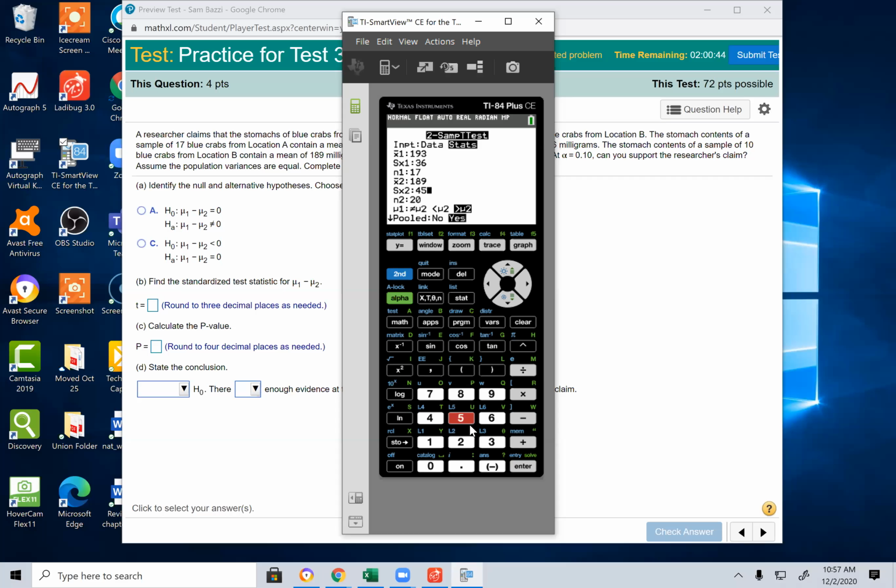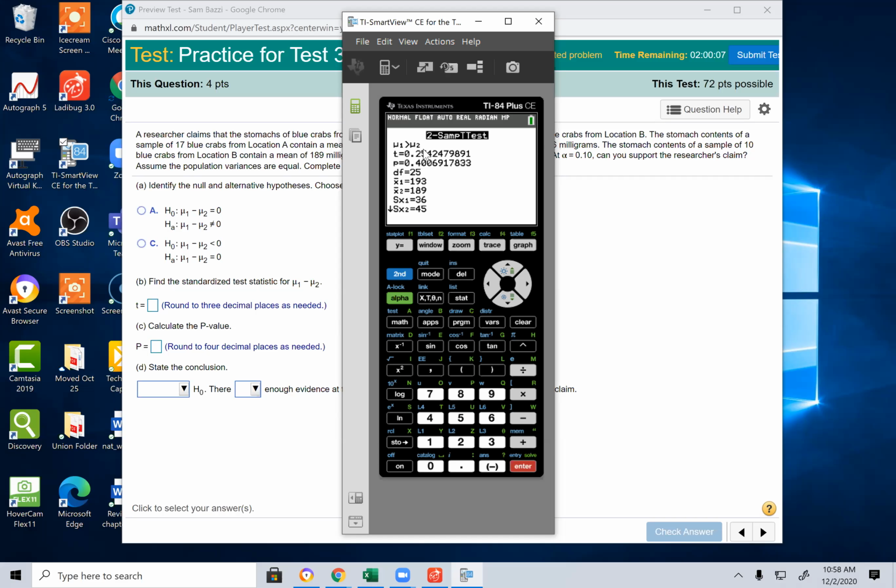S2 is 45. And N2 is 10. And we want to test that mu1 is bigger than mu2, which means mu1 minus mu2 is bigger than 0. And pooled, yes, because it says population variances are equal. If he says not equal, you select no. If he says equal, you select yes. That's a hint for you to know it's a 2-sample t-test here. Then select yes, and then calculate.